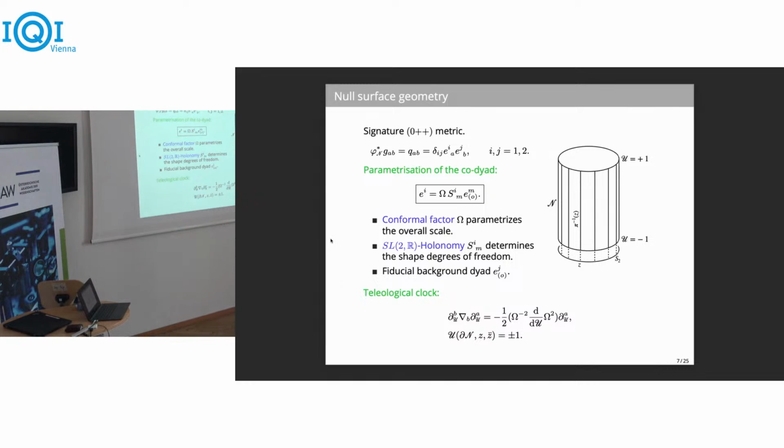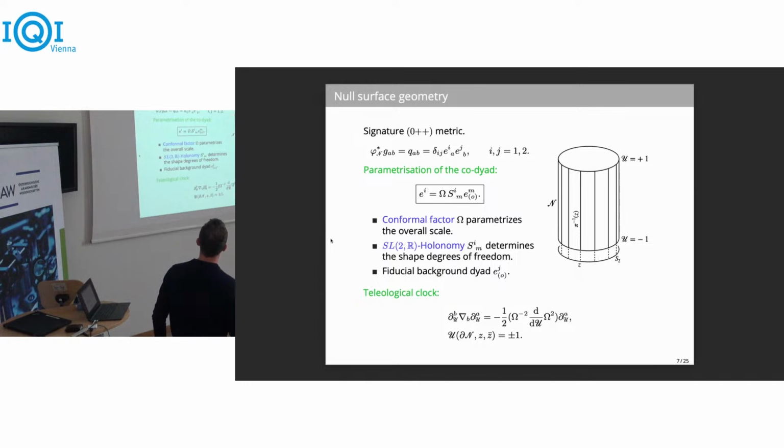If we think of the geometry of this null boundary as S2 cross R, so you take an S2 and you shine light out of this null surface, then a possible choice for this fiducial reference frame is just e1 is d theta, and e2 is sine theta d phi. So a round metric on the two sphere.